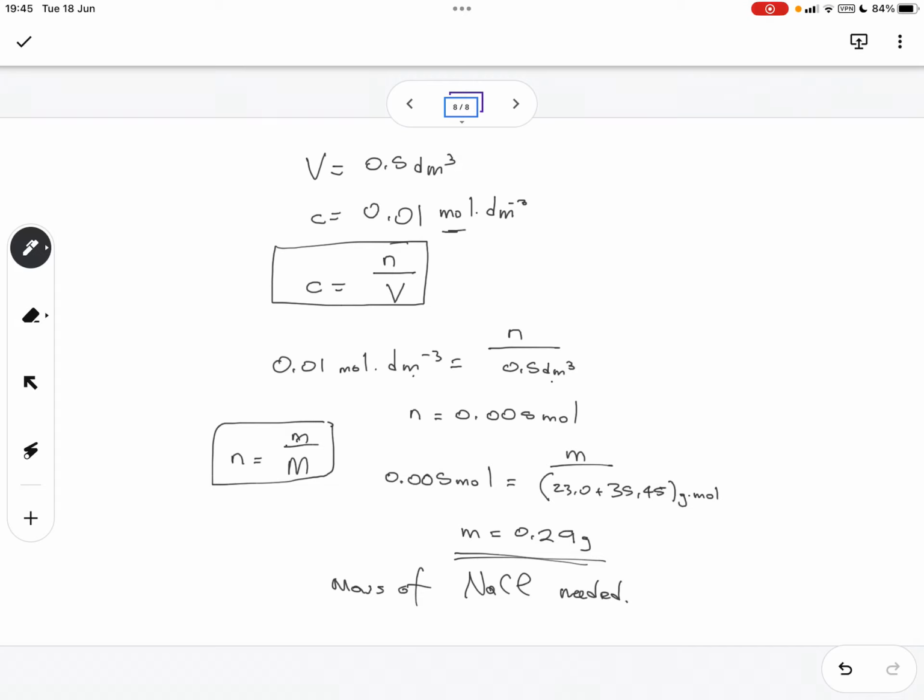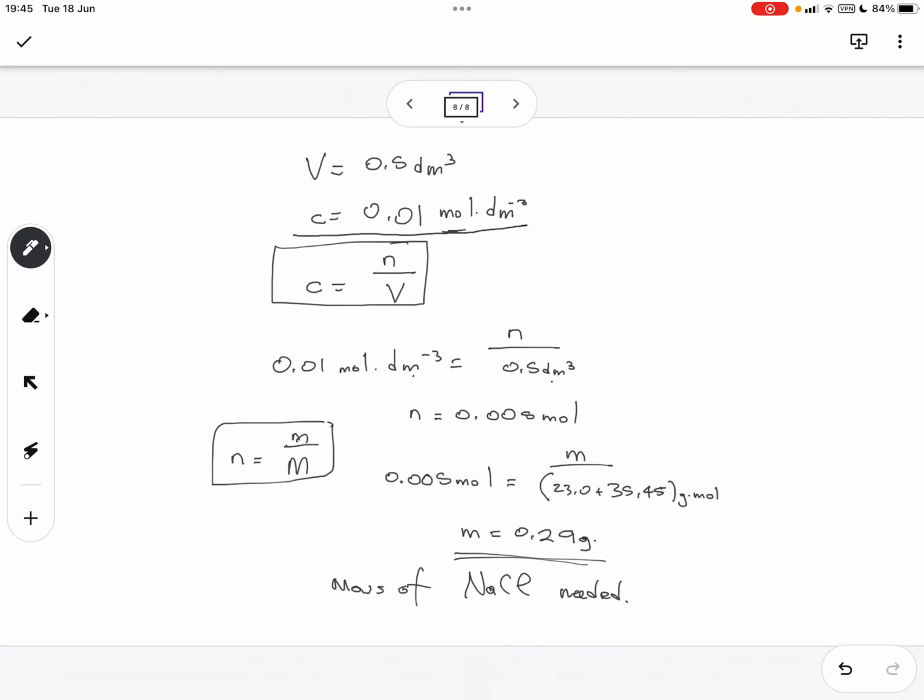So in other words, think about 1 gram, how much a gram weighs. We need to take 30% of a gram and mix it in half a liter of water so that we have a concentration of 0.01 moles of sodium chloride per liter, per dm cubed.